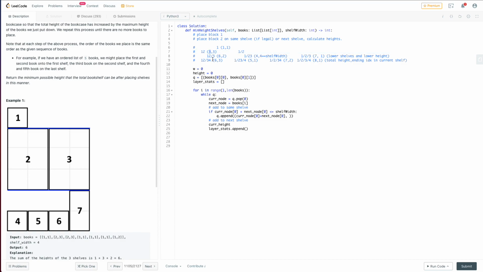This 3 is derived by the maximum of the existing, this is just the maximum of whatever the next node is, comma, cur node of 1.